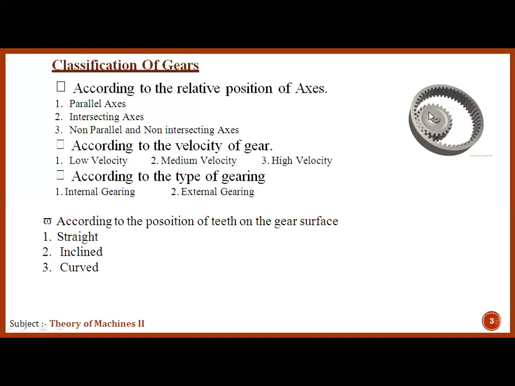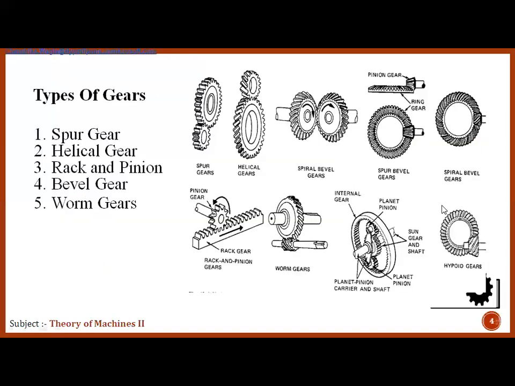Suppose if this is the gear, then a similar gear will be there, and both of them will form an external gear pair. Are you getting me? But as of now, what we can observe in this picture is internal gearing. So this is an example of internal gearing.